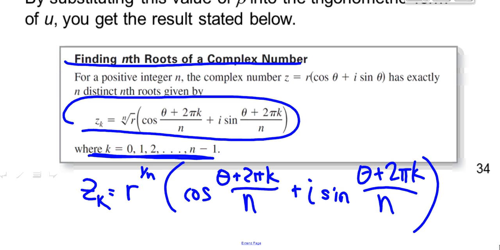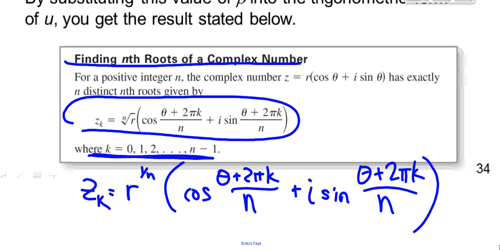The only real difference between powers and roots here is that we have to put this k in multiple times. When we were taking a power, we took r to the power. Now we're taking r to the root, correct?